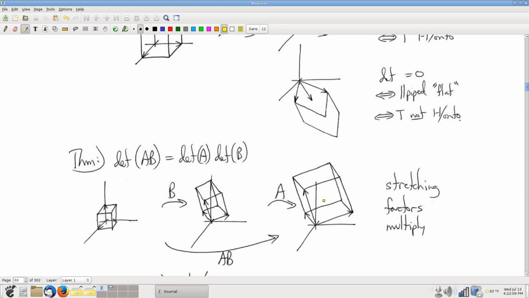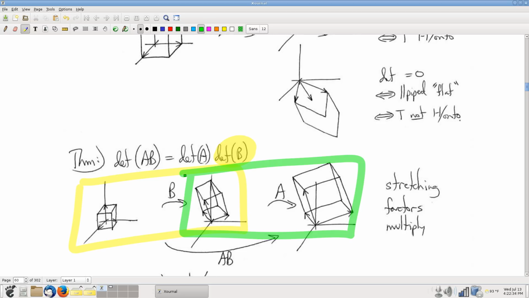Okay. All right. Well, looking at just the matrix B, let's forget about A, let's forget about the product. Let's look just at the matrix B. The determinant of B tells me the stretching factor between those two volumes. Okay, now let's look just at the matrix A. What does the matrix A do?